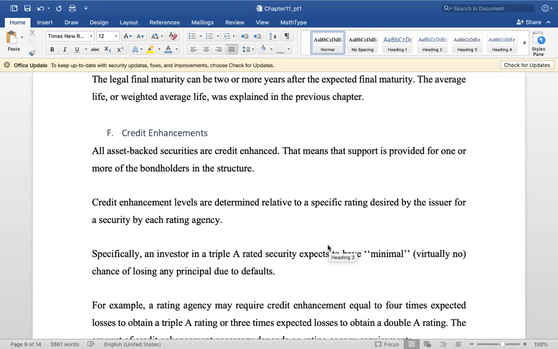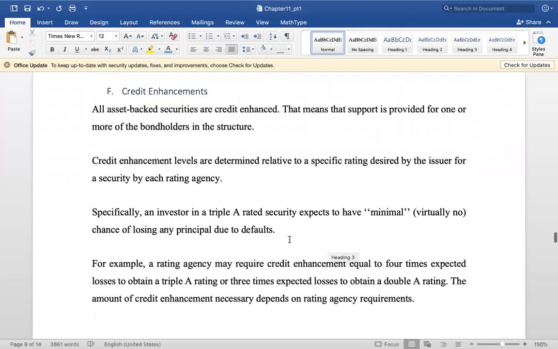What we mean by credit enhancement is increasing the creditworthiness of the underlying collateral, and in turn, increasing the creditworthiness of the securities issued. Credit enhancement levels are determined relative to a specific rating desired by the issuer for a security.